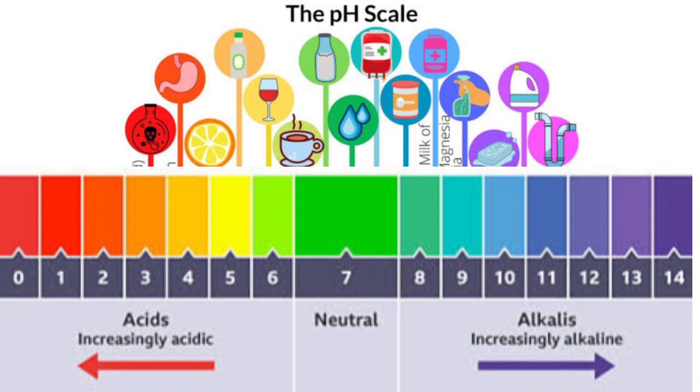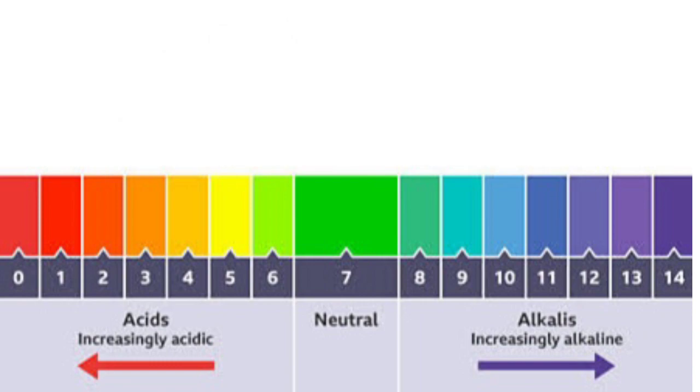So the strong acid is 0 or 1 and the weak acid is 5. 1 and 5 both are acidic, but which one is strong? 1 is more acidic in nature and 5 is a weak acid. Similarly, in case of base, if the pH value is 9, it is a weak base, but if the pH value is 14, it is a strong base.